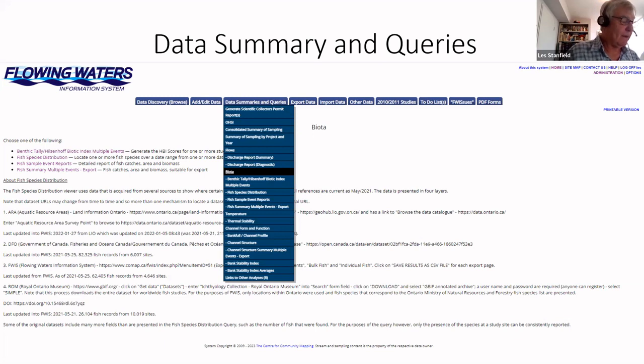Having said that, this list of queries that we have generated was based on requests from users of the system. So we basically have done the priority ones first. And if you have a need for RAM data or some other module that we don't have data for yet, by all means, contact us and we'll see what we can do.